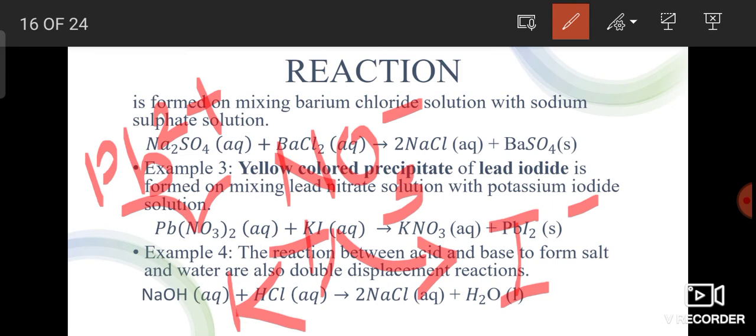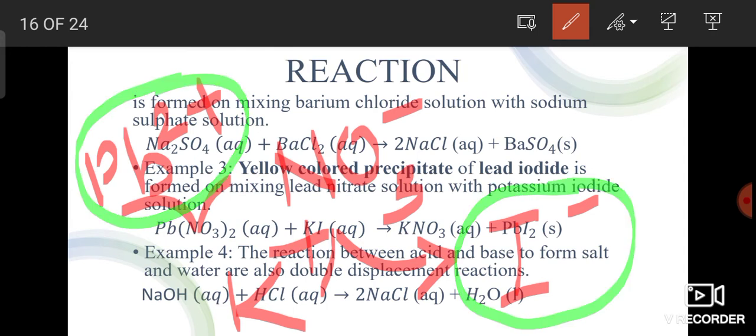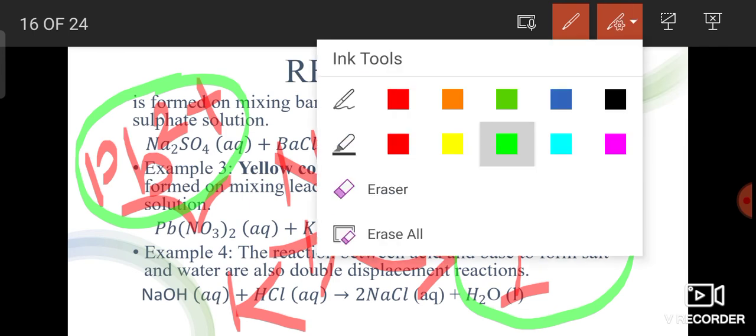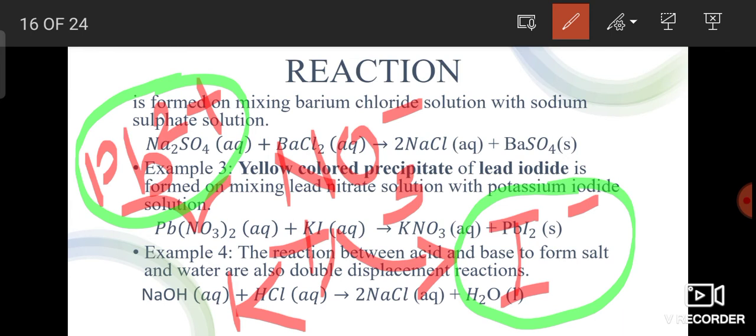Now the cation, which is lead ion, will combine with the anion, which means iodide ion. So the product that you will get is lead iodide, and potassium ion will combine with nitrate and will give you potassium nitrate as the other product. So this is how the formation of products takes place in case of double displacement reaction by exchange of ions.